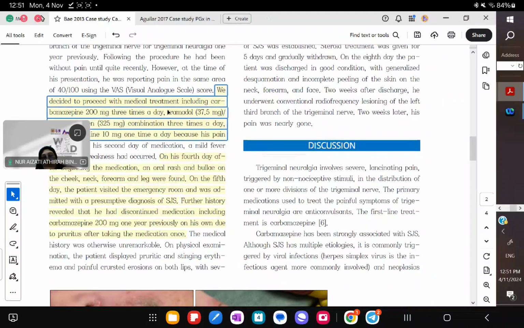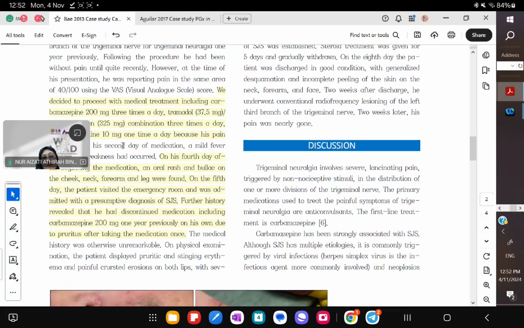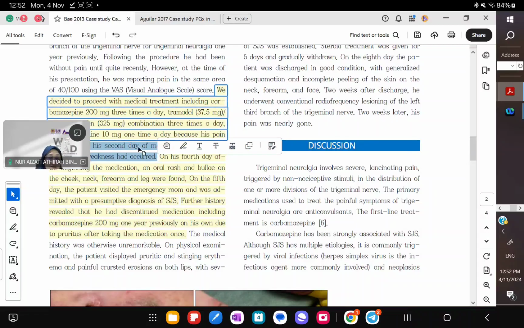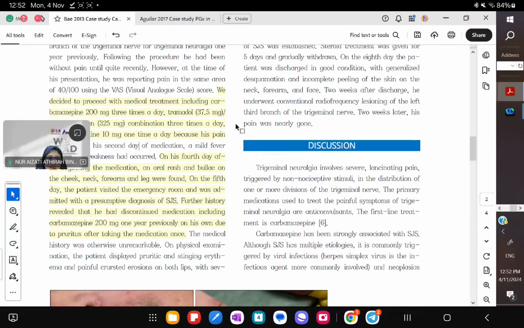And if you can see here, I mentioned before, the first time in which the patient can show the sign is usually around 2 weeks to 1 month, right? But in this case, this patient only on the second day, the patient already have the fever. Fever tu is the prodromal sign lah, maksudnya initial sign this patient is going to have that skin reaction.